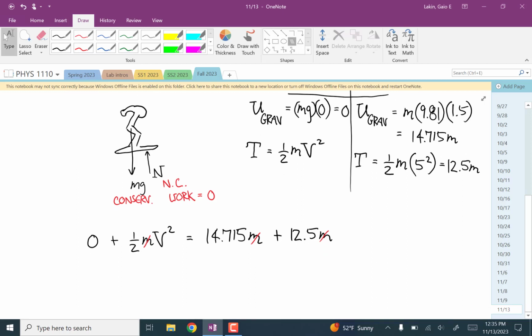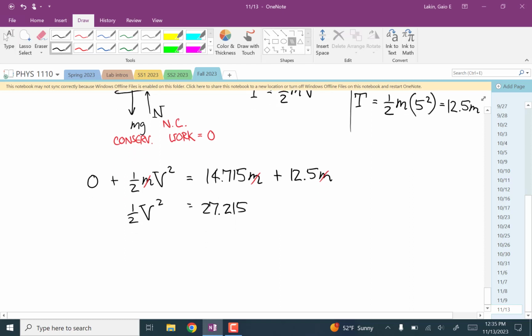And over here we get 27.215. Over here we get 1/2 v squared. Multiply both sides by 2, and you get v squared is equal to 54.43. Now take the square root of both sides. Can someone do that for me? Yeah.